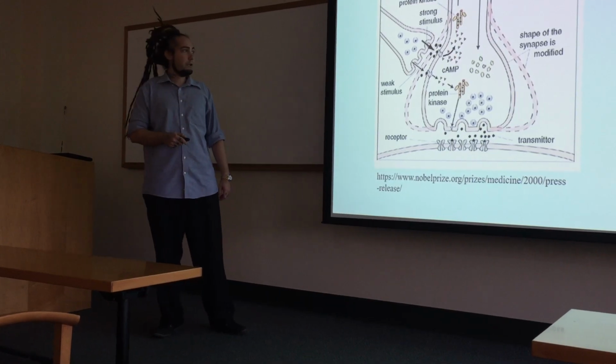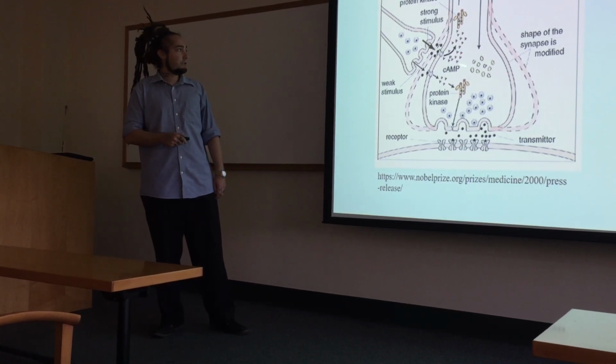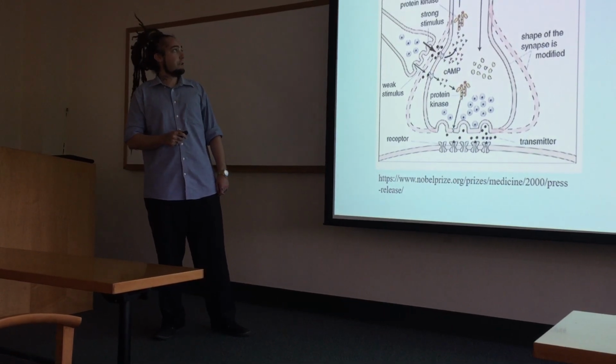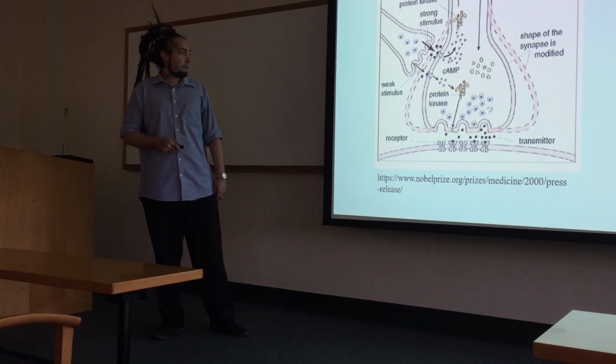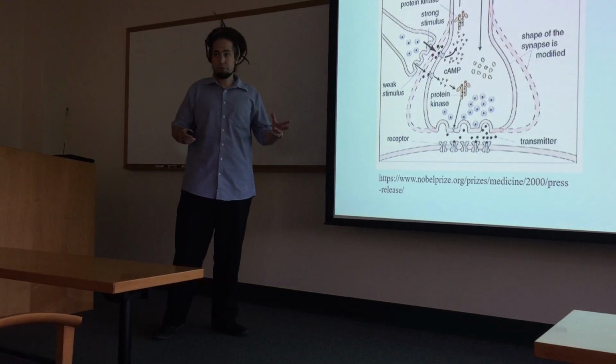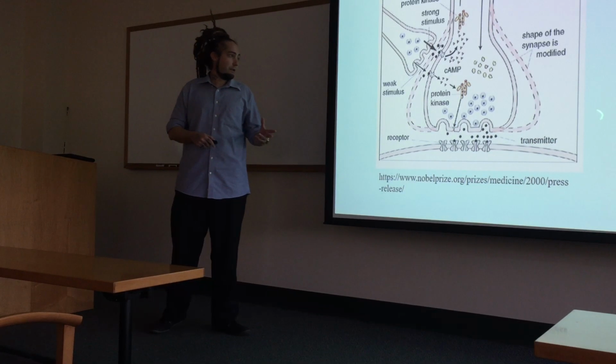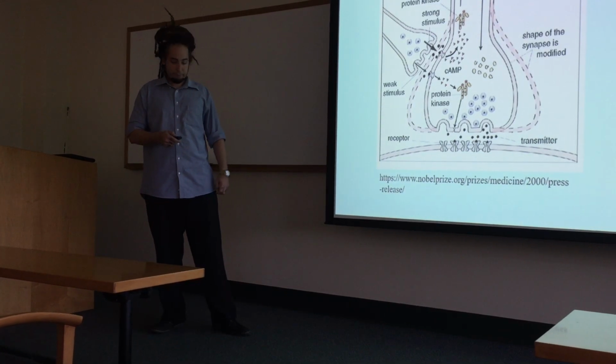Whereas long-term memory results from a stronger stimulus coming into the neuron, and the neuron will then create new proteins, which will go to the synaptic cleft area, and it will change the size or strengthen the synapse area of the neuron.